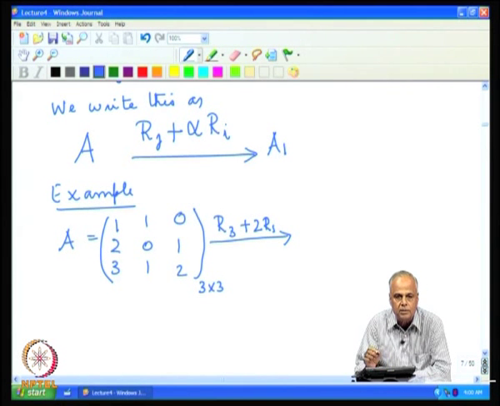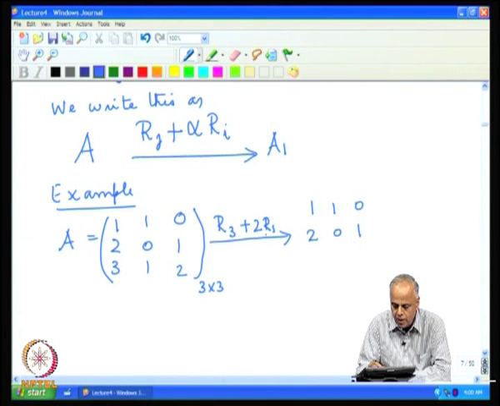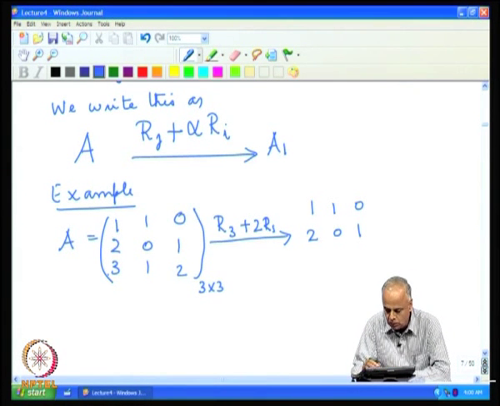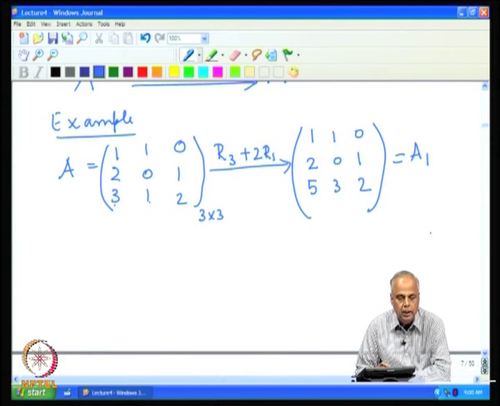R 1 and R 2 are unaltered and R 3 is going to change. And how is it going to change? To the third row we are going to add twice the first row. So, we get 3 plus 2 is 5, 1 plus 2 is 3 and 2 plus 0 is 2, and this matrix we call as A 1. So, here is an example of elementary row operation of type 2.